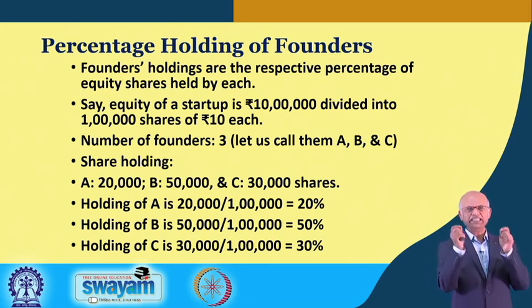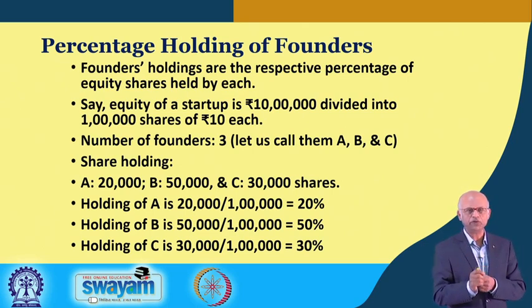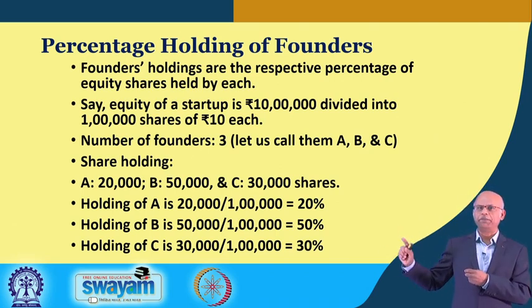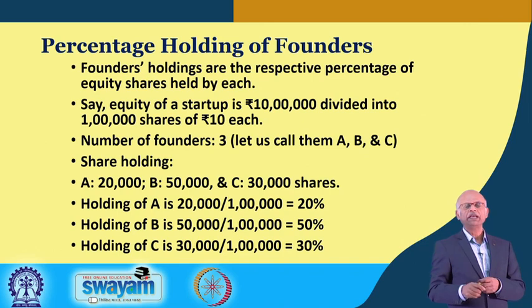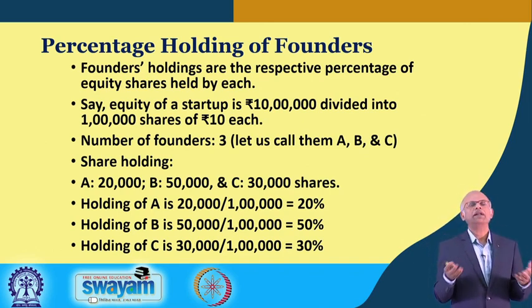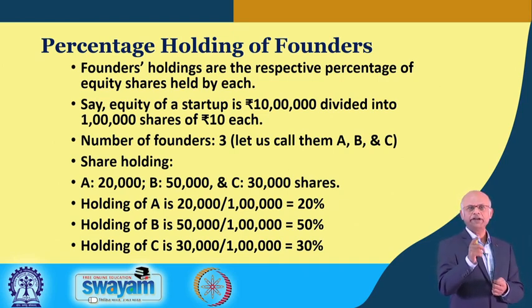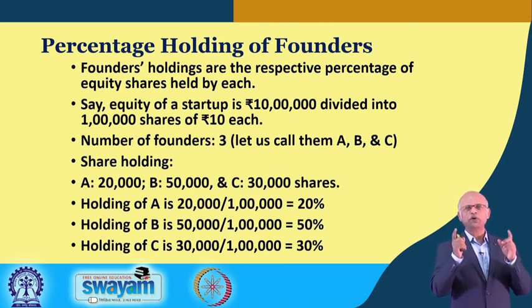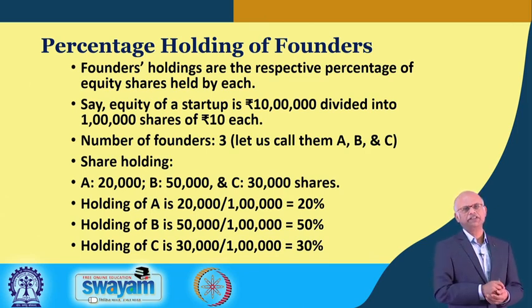You decide that each share will have a face value or par value of 10 rupees, meaning one share is equal to 10 rupees paid up, meaning you have already paid. So, you brought in 10 lakh rupees, so the total is 1 lakh shares. Now, whoever brought 2 lakh rupees gets 20,000 shares. Who brought 5 lakh rupees gets 50,000 shares. 50,000 shares into 10 rupees each is 5 lakh.